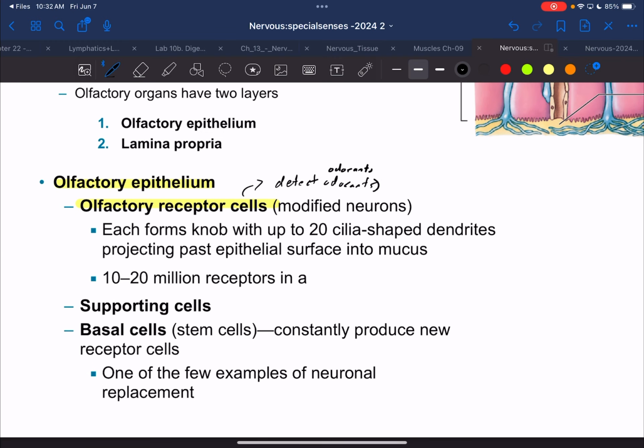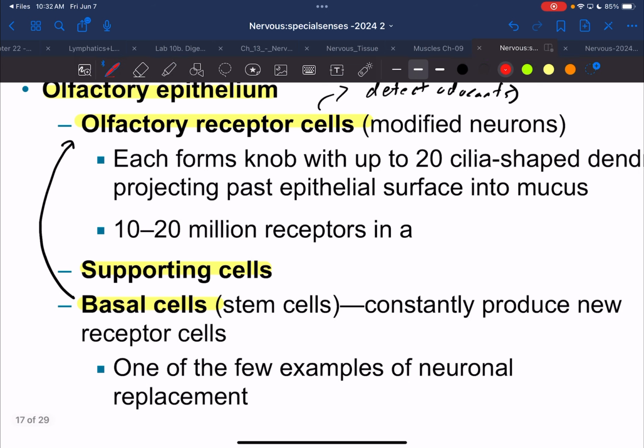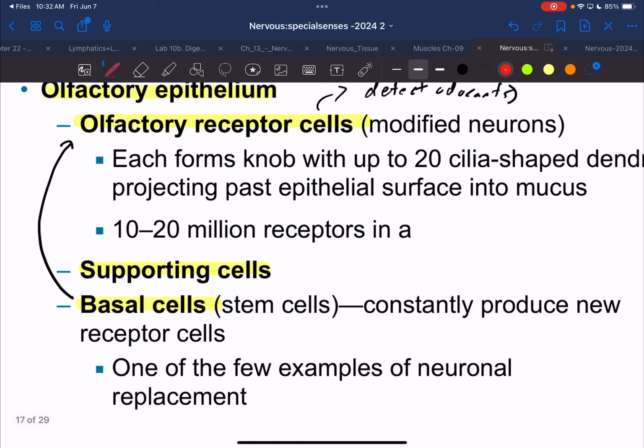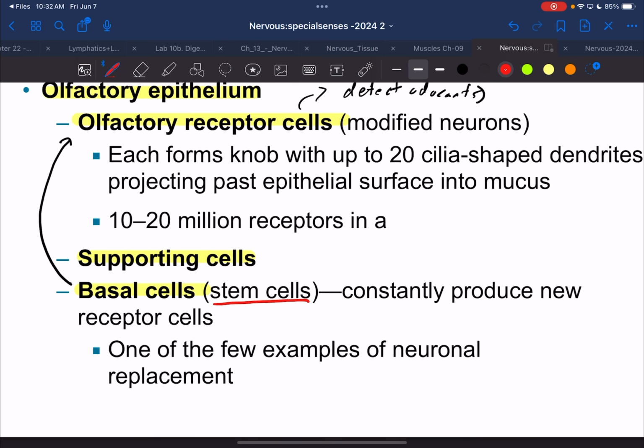There will also be cells called supporting cells and basal cells. And basal cells' main job is to create new olfactory epithelium. They're the stem cells of our receptor cells.